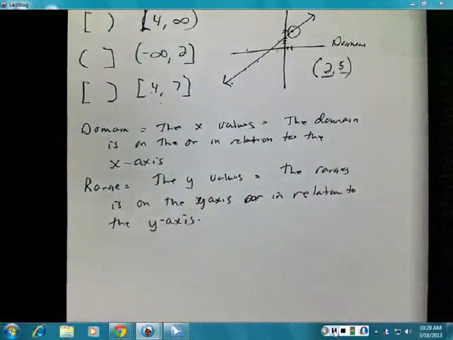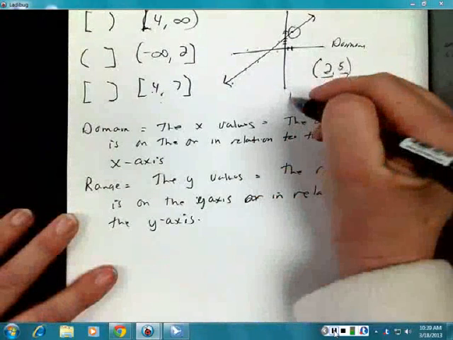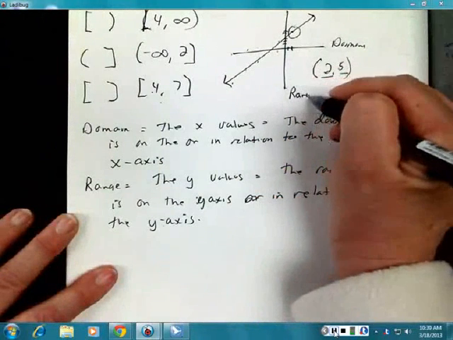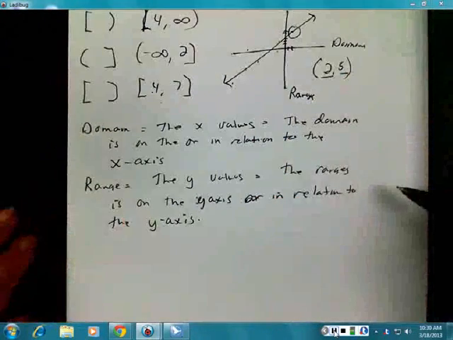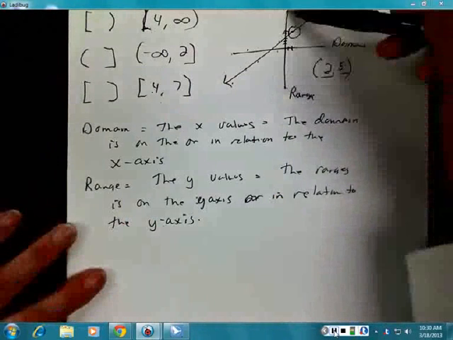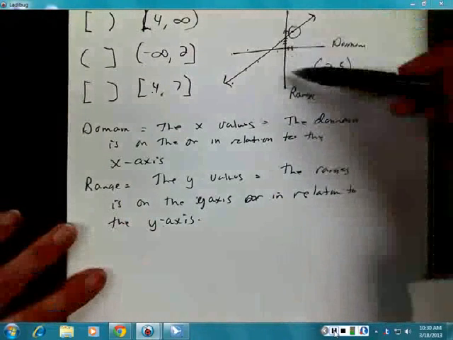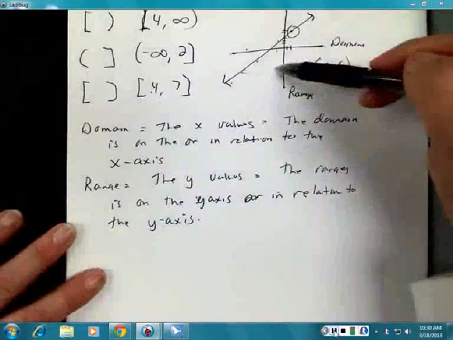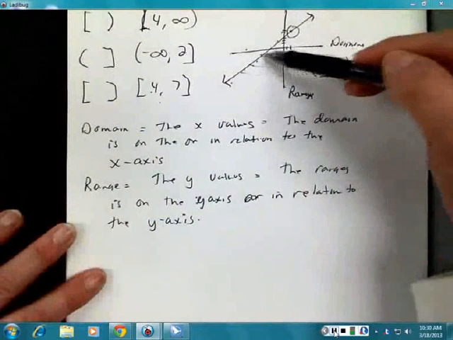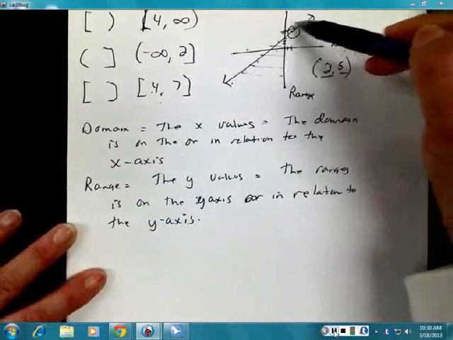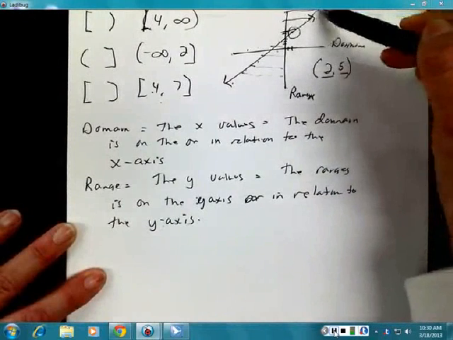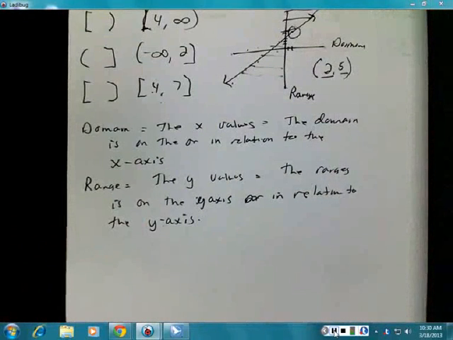So if x is domains, y is range, I have two things that affect my line. My line's affected by its range, which is going up and down here. And if I look at my range and I go about and check my range, every time I go out on my range, I keep finding a point that's related to it. Does that make sense? Yes?